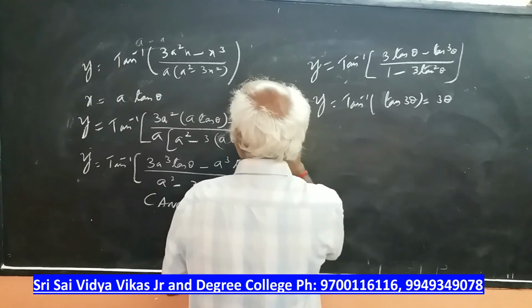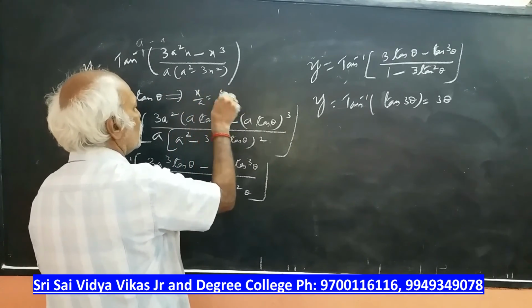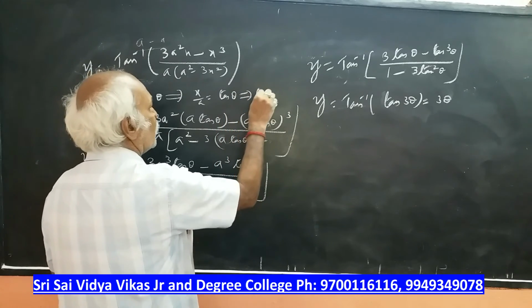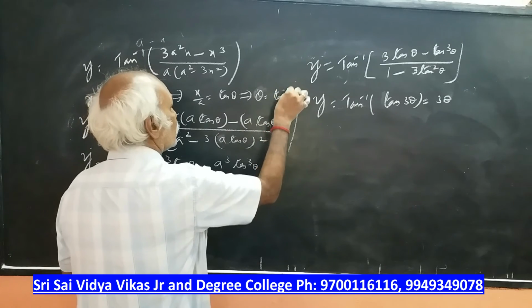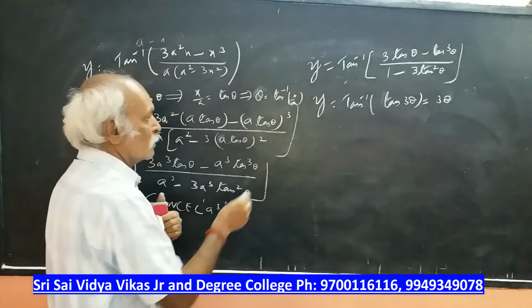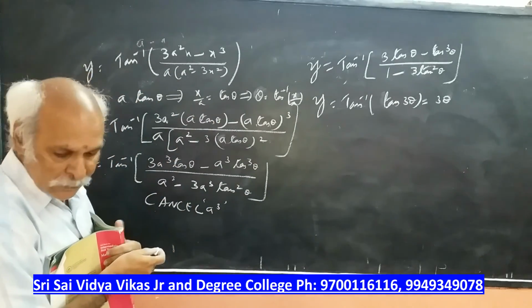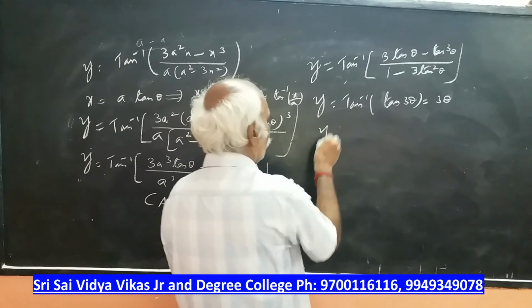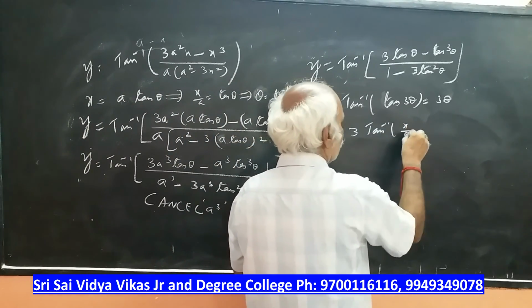Therefore, observe here, from x by a is equal to tan theta, theta is equal to tan inverse x by a. Okay. Therefore, this becomes y is equal to 3 into tan inverse x by a.